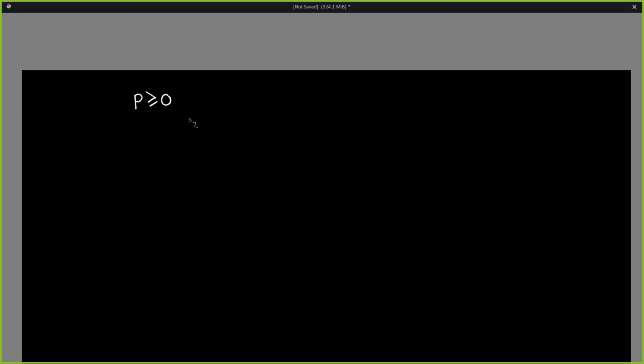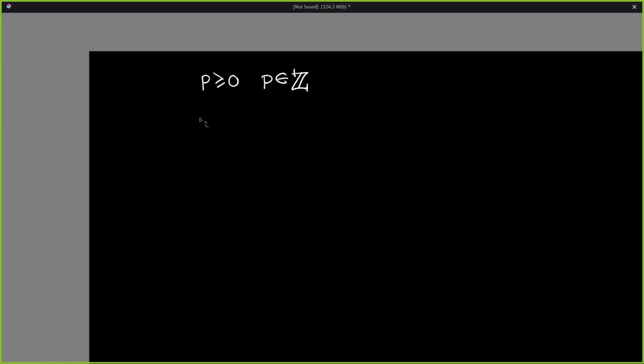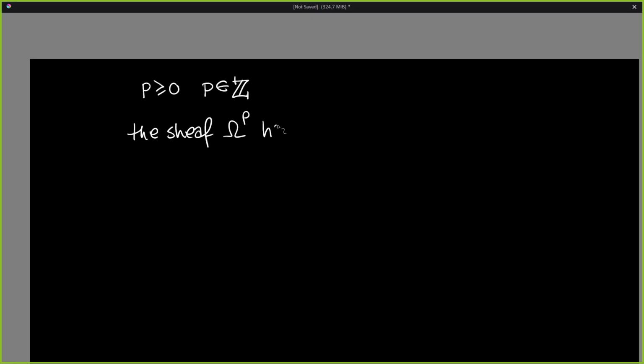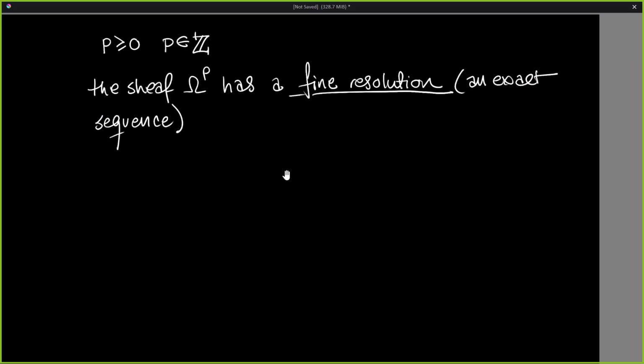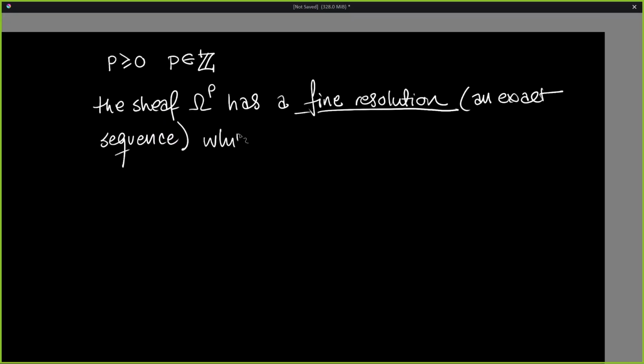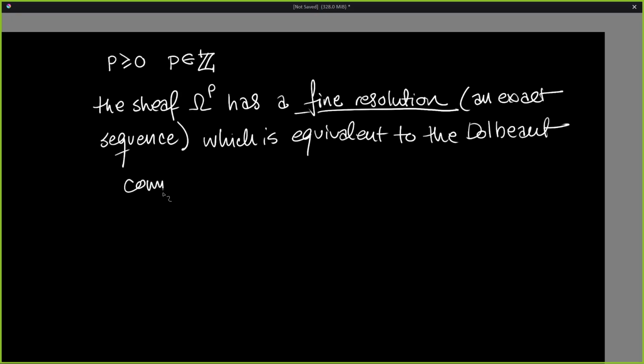So for p greater than 0, where p is an element of Z, the sheaf omega p has a fine resolution and exact sequence which is equivalent to the Dolbeault complex that we looked at before.